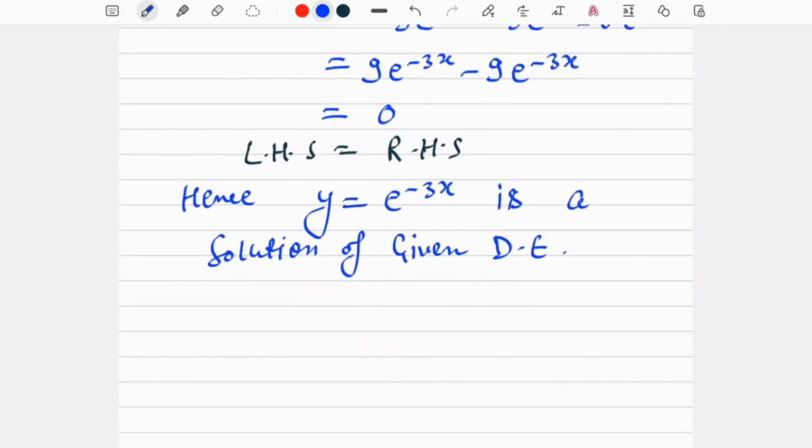Otherwise we'll take it as 1. Sure? Then if we take 1, it will be particular. What is this? The minus 3 sitting here. Isn't it a constant? Yes, sir. Then it is a particular solution. Yes, exactly. It is particular. Is it clear to you?